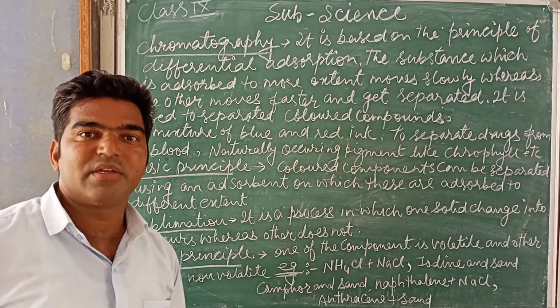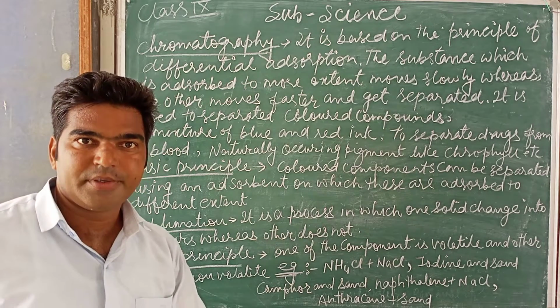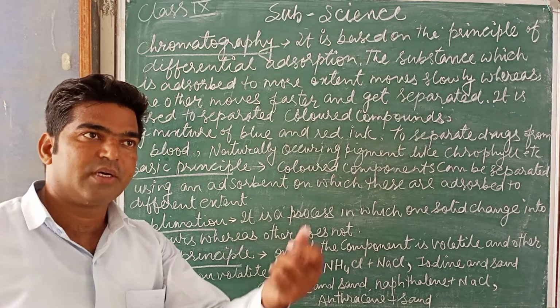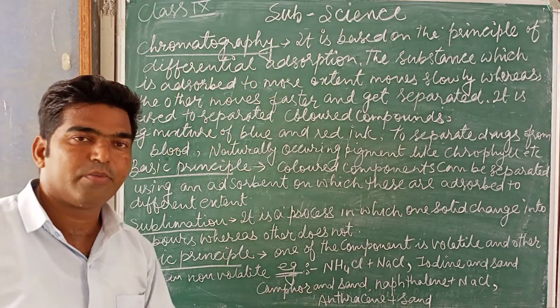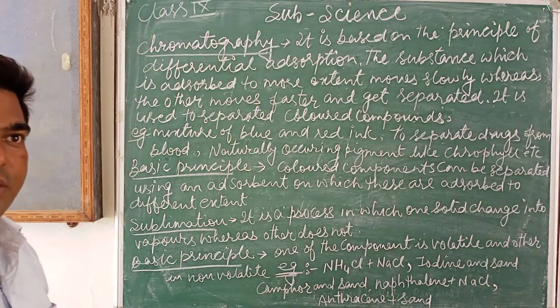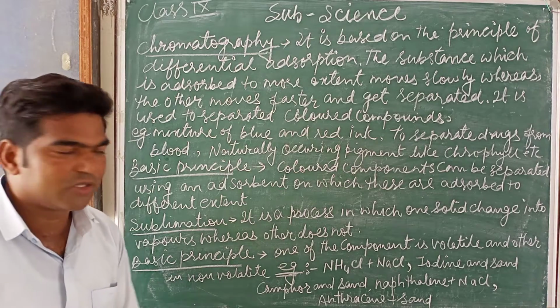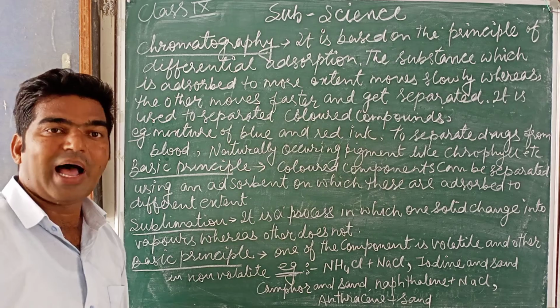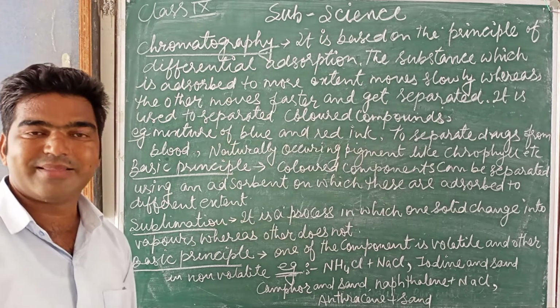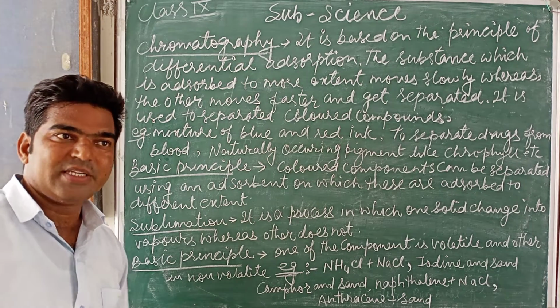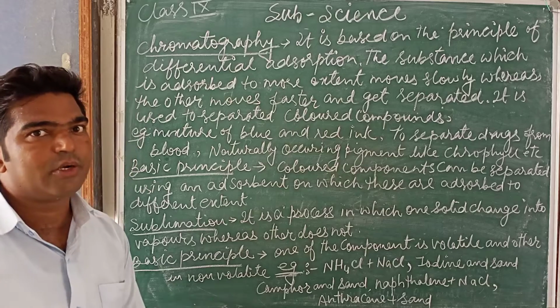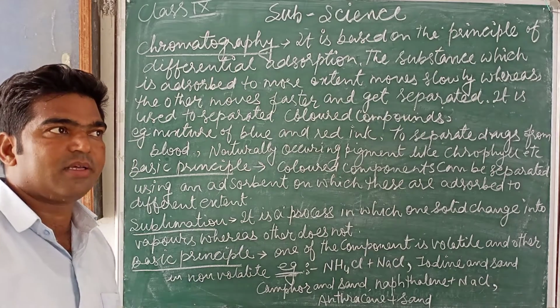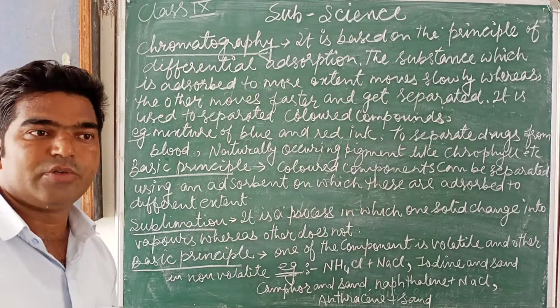For example, naphthalene balls and kapoor (camphor), which we use for worship on occasions like Deepavali or any puja. That kapoor directly changes into vapor. Iodine, naphthalene, anthracene. One is a volatile material and another is non-volatile. Volatile means it directly changes into vapor.